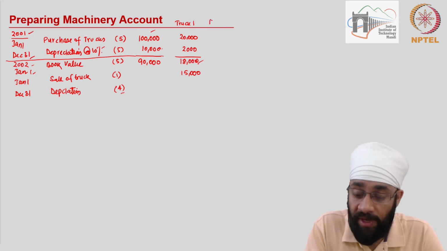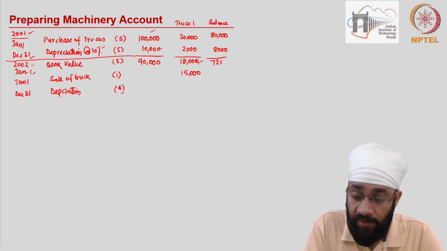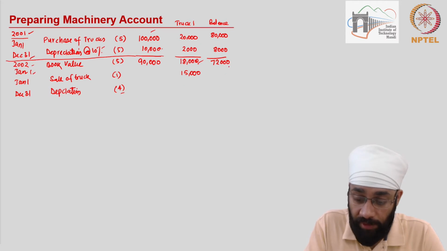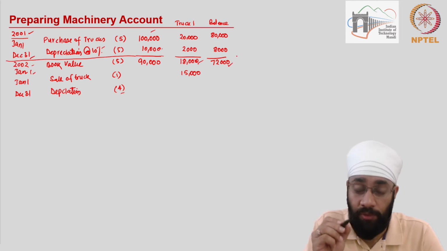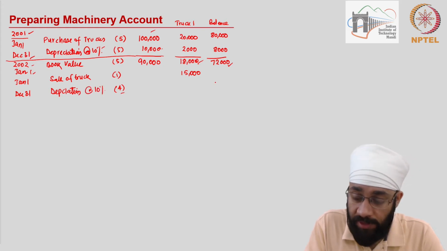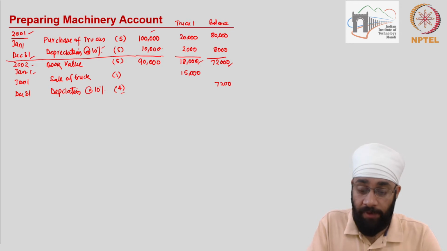So I'm going to write balance. The balance here is 80,000 and you charge depreciation on this. The value is 72,000. And then depreciation on 4 trucks is going to be depreciation on 72,000. So 10% depreciation is going to be 7,200, right?